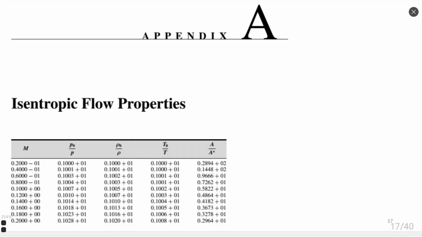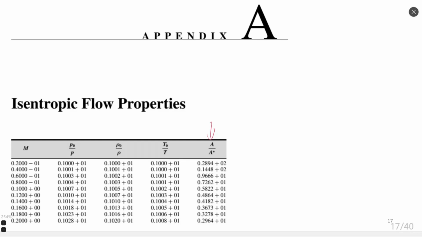How do we use this appendix? We have tabulated all these functions we discussed before, plus the area ratio, which we will touch when talking about flow in the nozzle, not in this section, but in chapter 10. So for now, forget this area relation. We will just focus on Mach number, pressure ratio, density ratio, and temperature ratio.